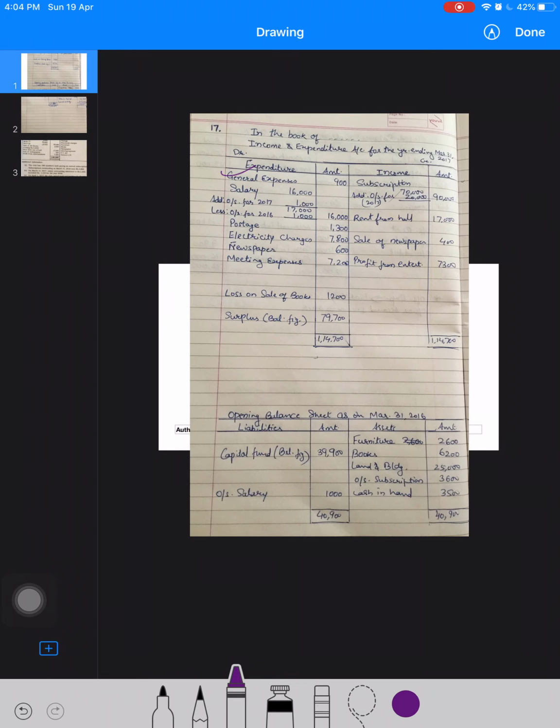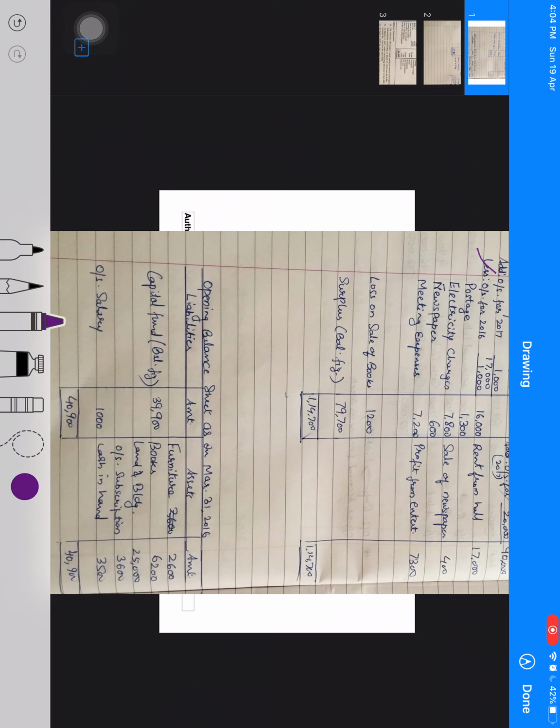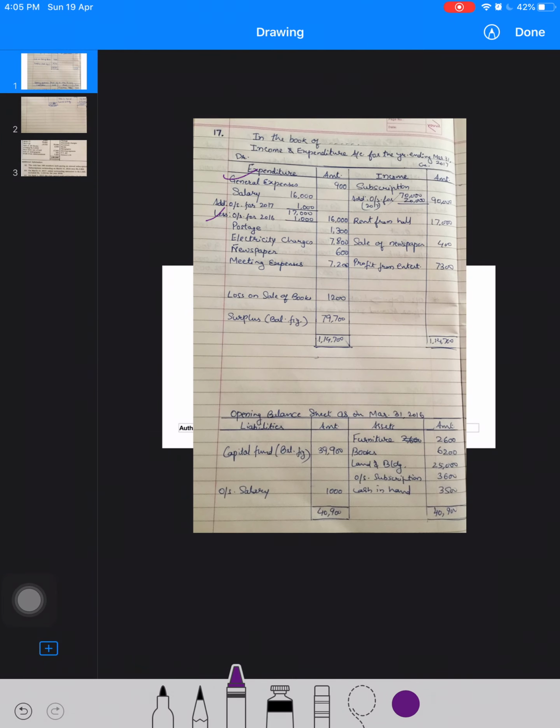So this year amount is 1000 rupees and last year 1000 rupees is included. So add outstanding for this year 2017, so total coming to 17,000, and then less 1,000 for last year we will just subtract it. So 1000 you are adding, 1000 you are subtracting, it's coming to 16,000. So post the adjustment immediately so that you don't forget it.